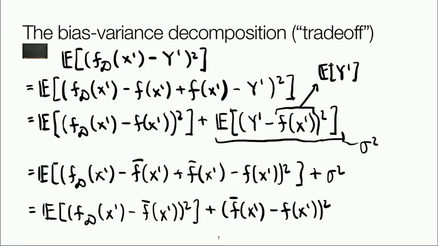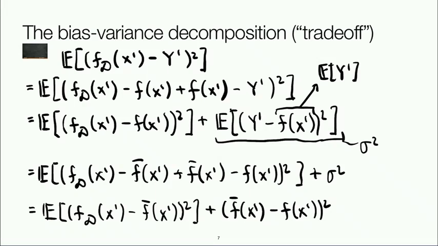This second expression is basically asking, let's take out the randomness in the model learning. Let's just look at the average model that I would learn, okay? How does the average model that I would learn compare to this true function that I'm trying to approximate, right? That gives you an understanding of whether my model is what we call well specified.